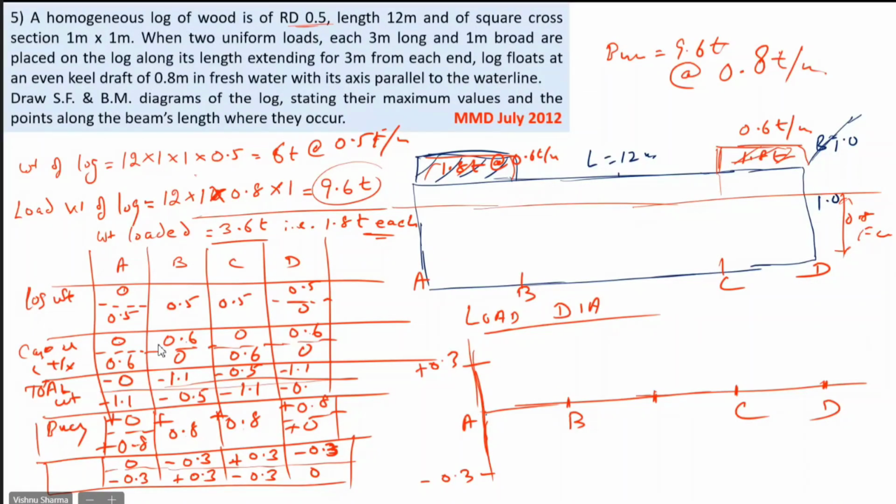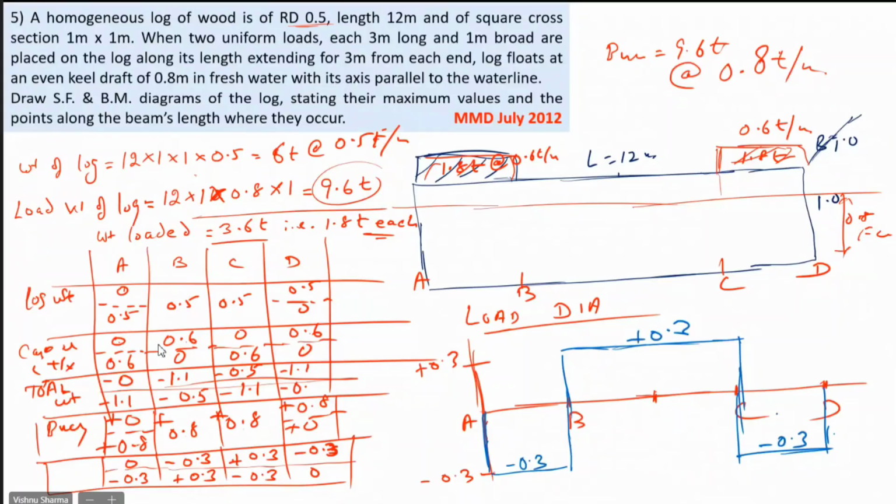Then it remains minus 0.3, becomes plus 0.3, remains plus 0.3 up to C, then becomes minus 0.3, minus 0.3 and 0. This is minus 0.3, this is plus 0.3, this is minus 0.3.